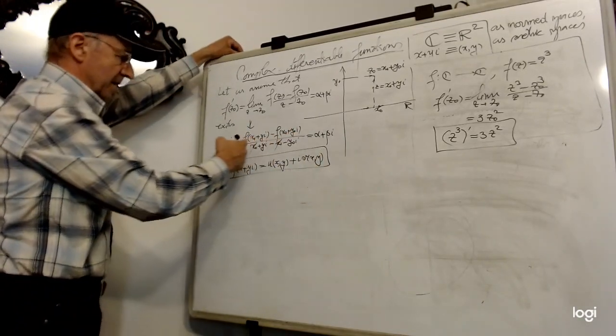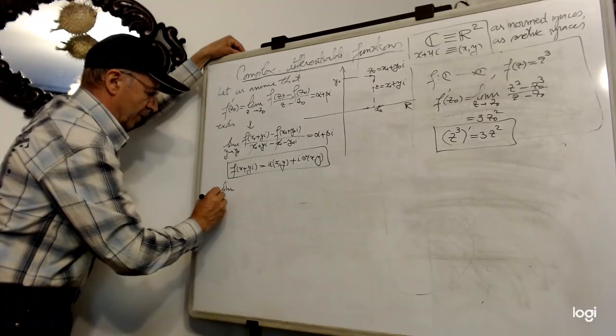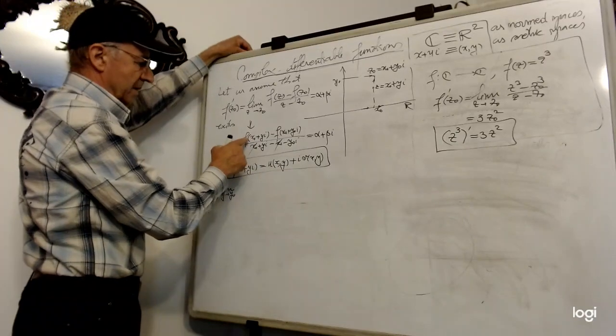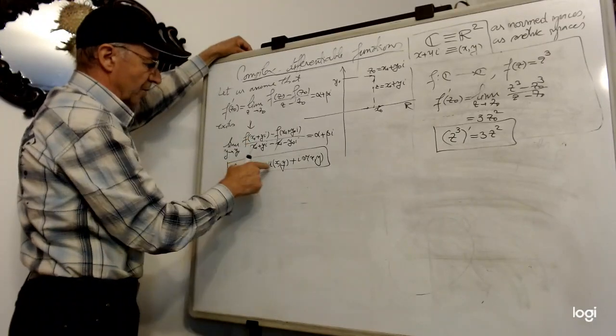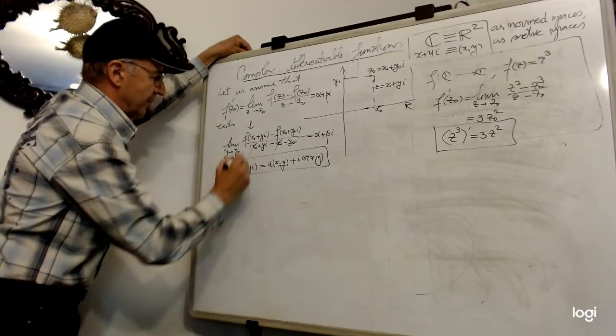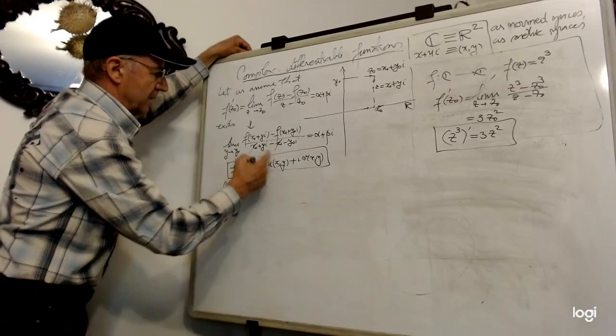Then this relation becomes the limit for y going to y0 of, instead of this, we get u of x0 and y.